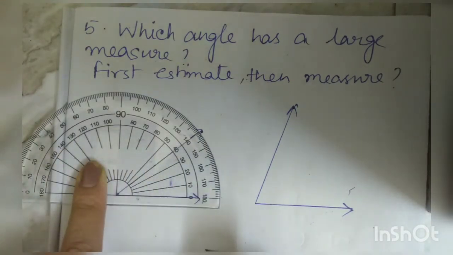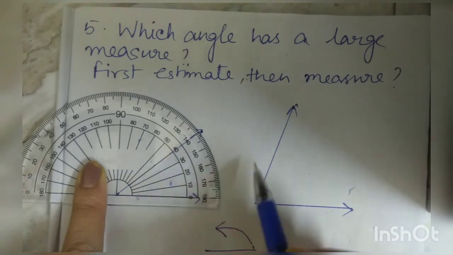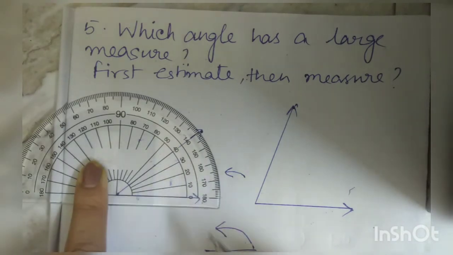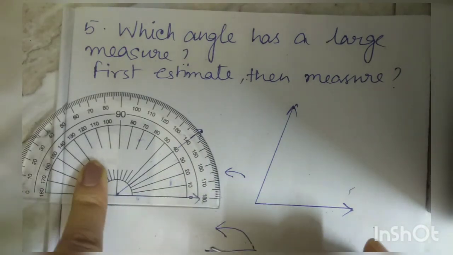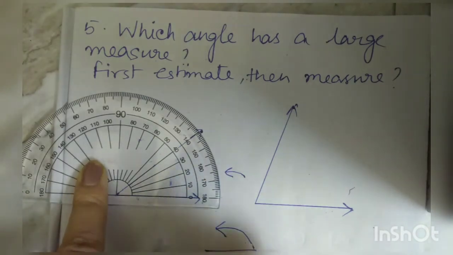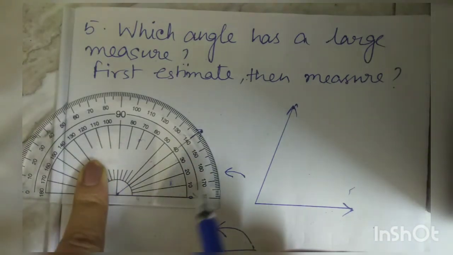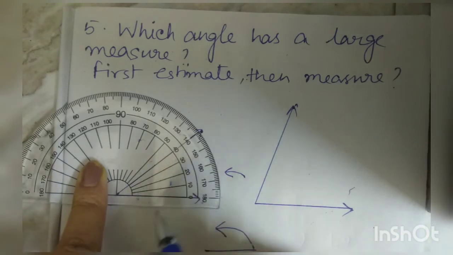Okay, because this side is moving anti-clockwise. See, 0, 10, 20, 30. In this way it is moving. It means it is moving anti-clockwise, and in anti-clockwise all the angles become positive. Okay, so we are talking here about the positive angles. So we will talk about the measurement.